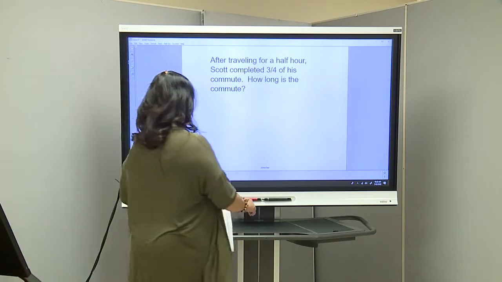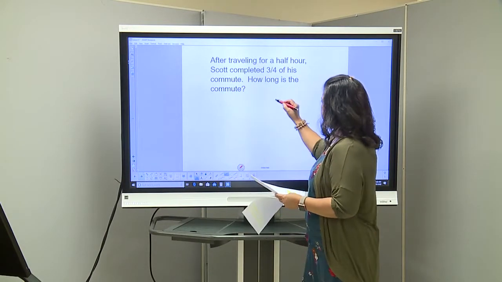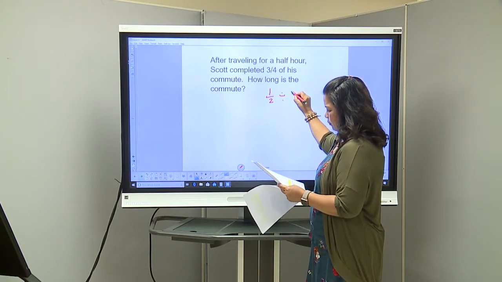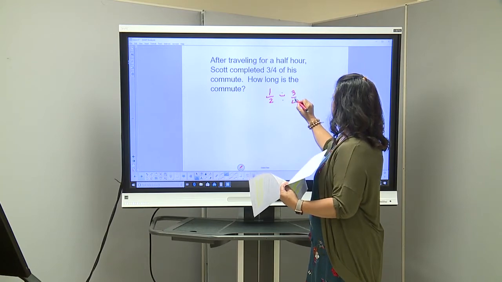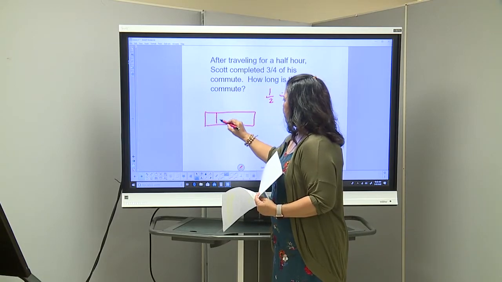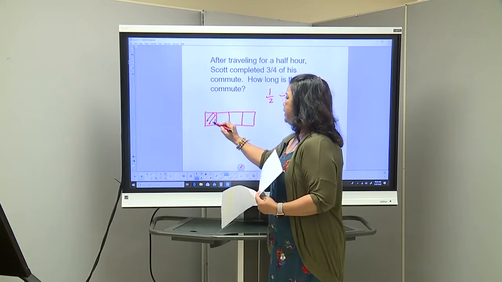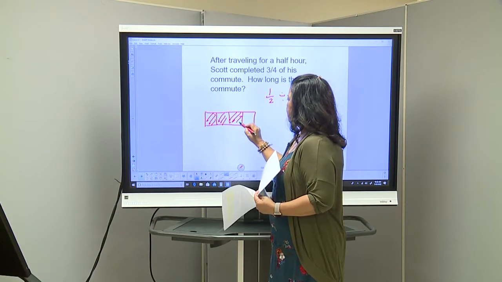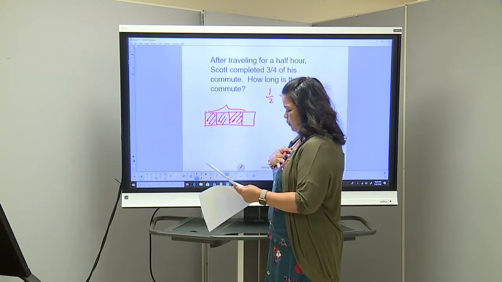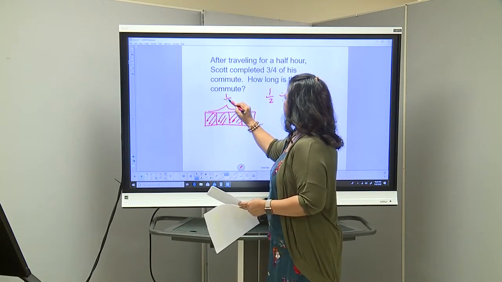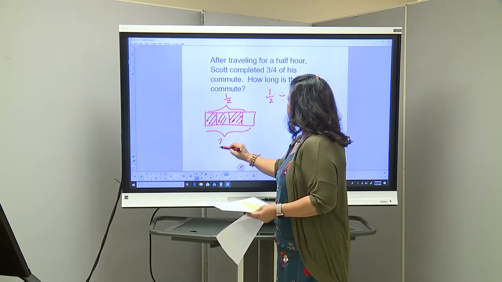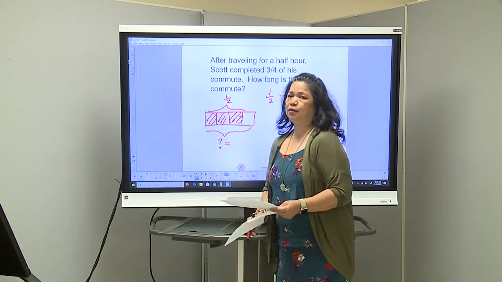So let's see if that works with our expression. The expression was 1/2 divided by 3/4. Okay, so in our model, if you remember, we started with 3/4 and we said the 3/4 represents, what is that? The 3/4 represents half of his commute. What we want to know is how long is the commute.